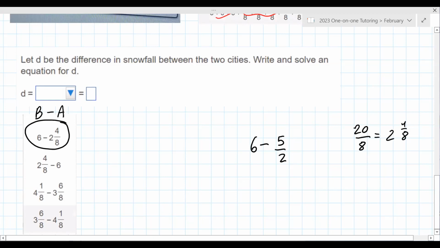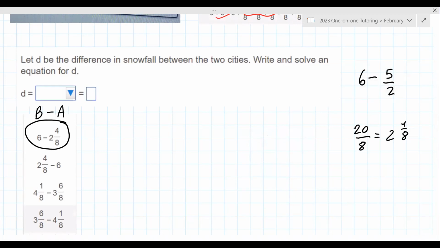And then we're actually going to have to do the subtraction. Let me know when you're ready for us to do that. Okay, I'm ready. So start with the 6 there.